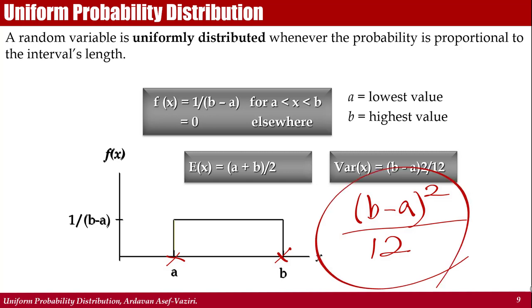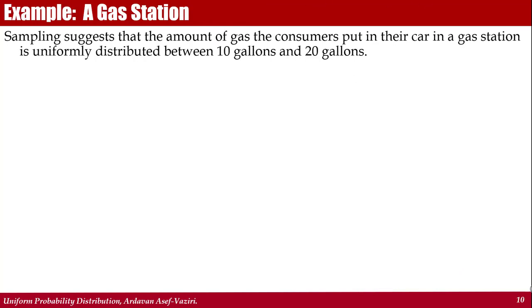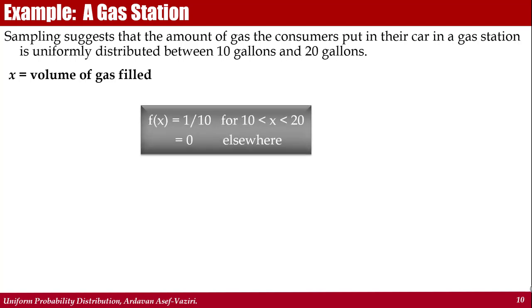Don't worry about how to prove this formula. You can even write it on your exam notes or quiz notes. Let's assume we have a uniform random variable, perhaps the volume of gas that you put in the tank of your car. X is the value of the random variable. It is between 10 and 20, because this distance is 10 and 20, and therefore 10 is here.